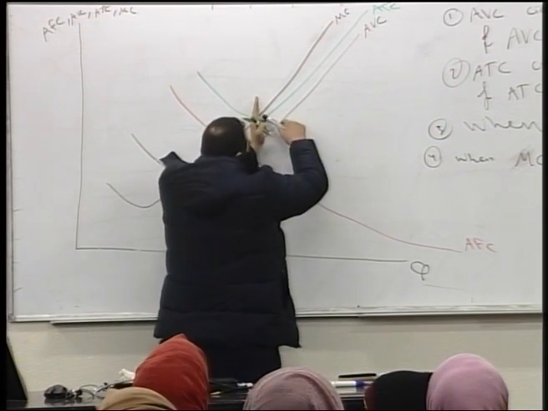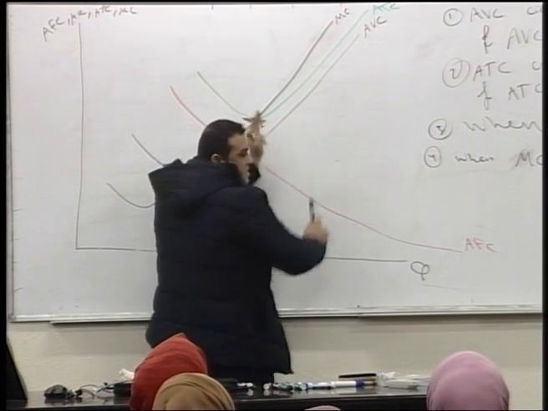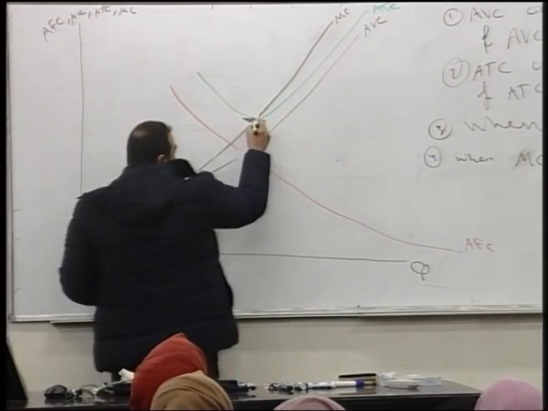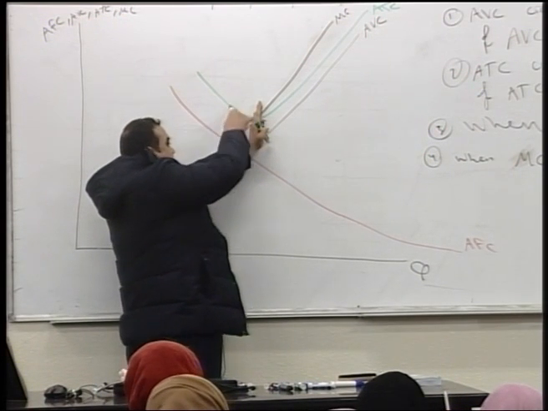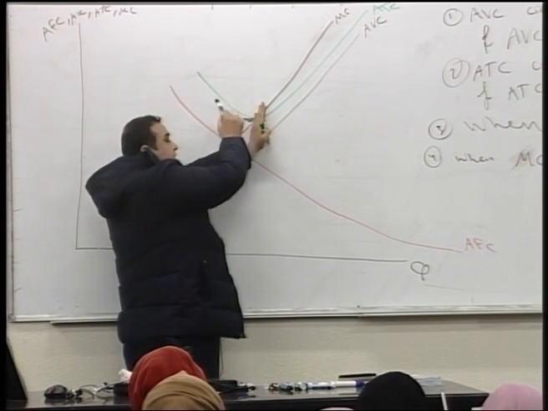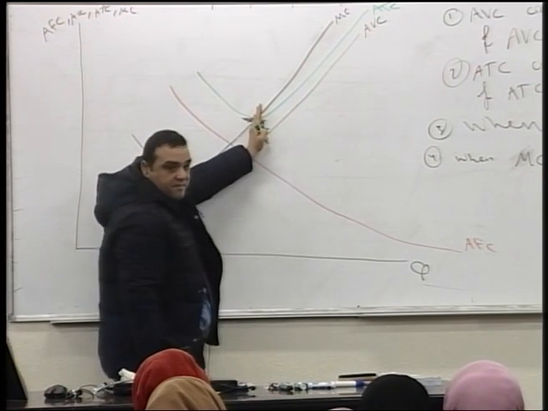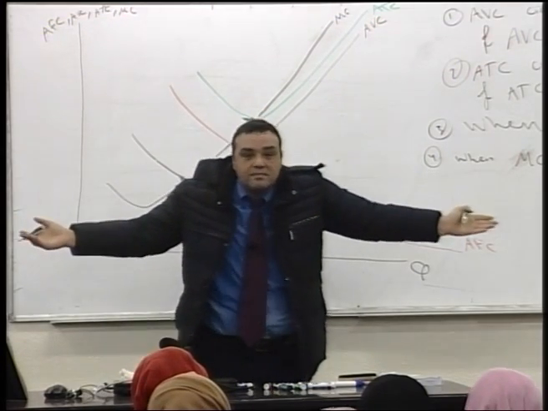When MC is bigger than ATC, ATC is increasing. Right? And then the left side of point B here, when ATC is bigger than MC, ATC is decreasing. Right? It's about understanding, not memorizing.